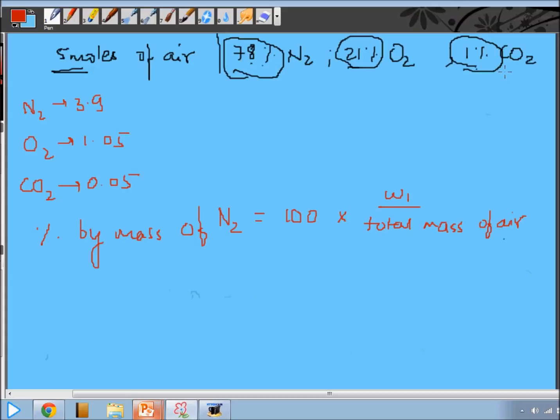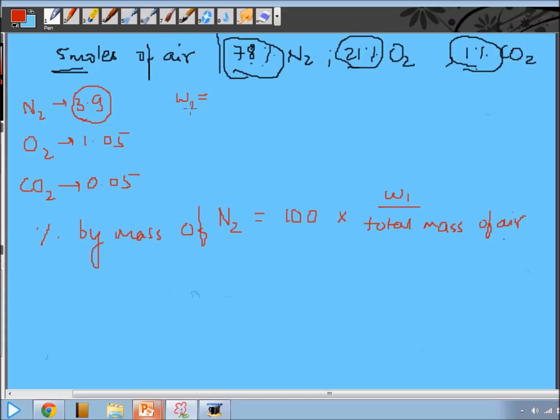Similarly, we can calculate percentage by mass of CO2. So first let's calculate W1, W2 and W3, that is, the individual masses of the gases in our air sample. W1 is equal to the mass of nitrogen. How can we calculate mass of nitrogen given moles of nitrogen?